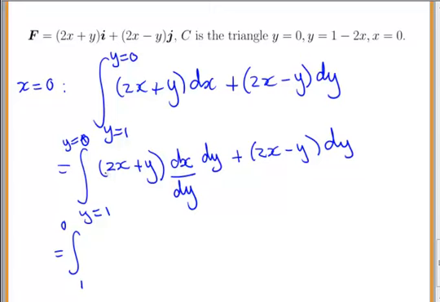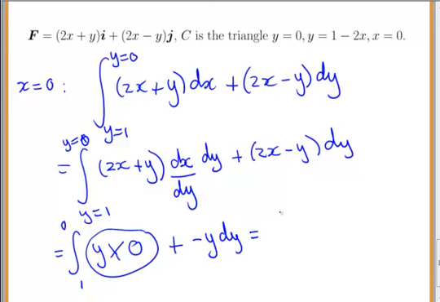And what we've got here is x equals 0, so we're just going to get y, but dx by dy is 0 anyway, so we've got 0 for that term, so we can forget it. And for the second term, again we've got x equals 0, but here we've got minus y dy. So the integral in this case is going to be minus y squared over 2, and we're going from 1 to 0. Notice how careful we are with the direction of the limits. So in this case, with 1, we're going to get plus a half.